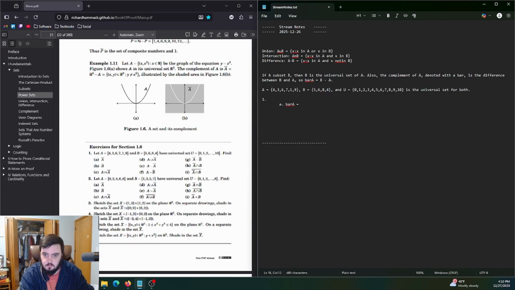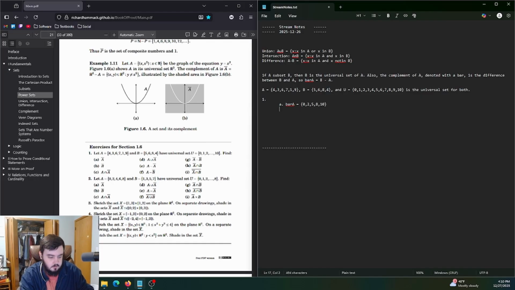A bar is equal to everything that is not in here. So we got 0, 2, 5, 8, and 10. Lovely.